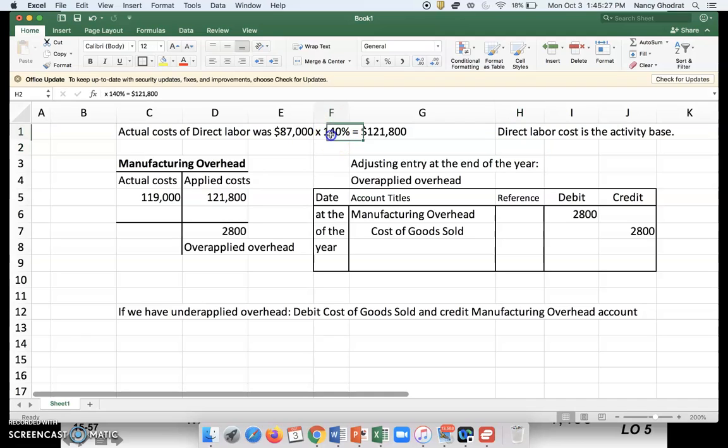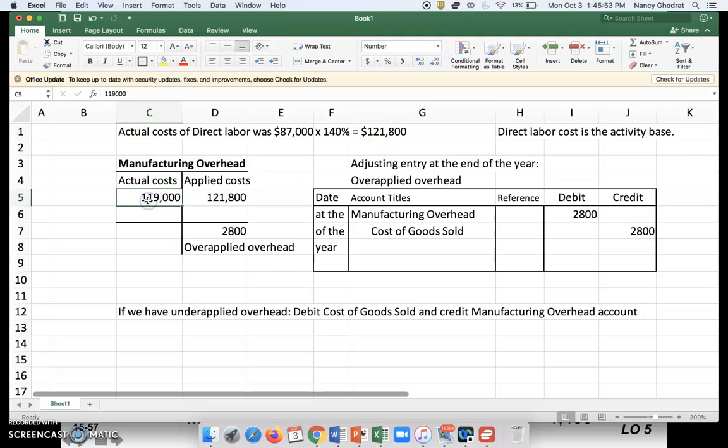And let's say the predetermined overhead rate for the year was 140%. That was calculated and given to us. So therefore, our applied overhead becomes 121,800 by multiplying direct labor cost by the predetermined overhead rate. That's your applied overhead cost.